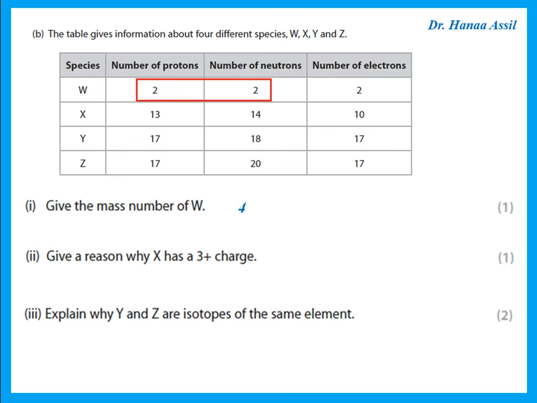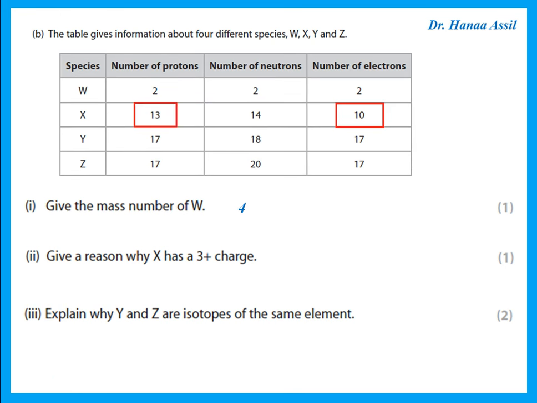Give a reason why X has a 3+ charge. So where is X? You can see that X has 3 protons more than the number of electrons, and protons are positively charged. So if it has 3 more protons than electrons, then it has 3 more positive charges.